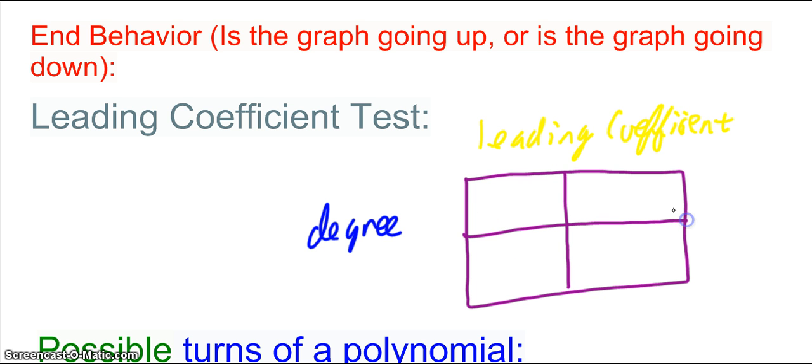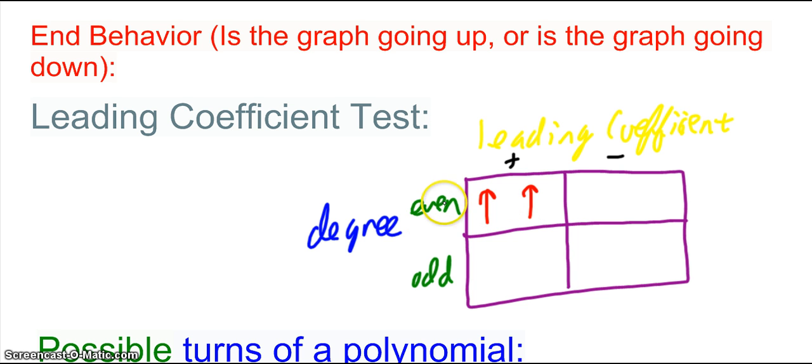So what I'm looking for with the degree is even or odd, and with the leading coefficient, I'm looking at positive or negative. So if the degree is even and the leading coefficient is positive, the graph is going to have end behavior that goes up to the left and up to the right.